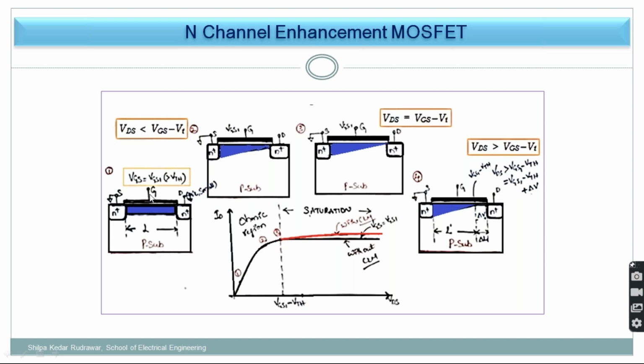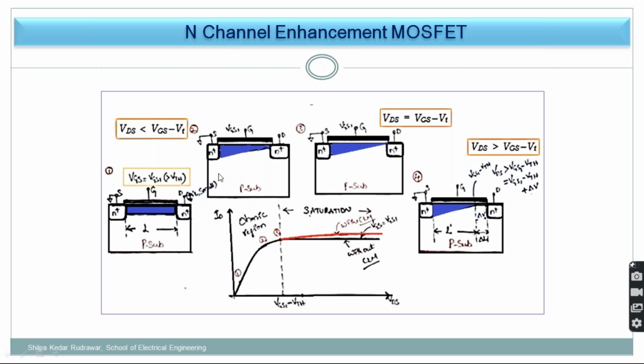Now, when I give VGS greater than VTH, the threshold voltage, an inversion layer forms, because electrons get attracted by the applied VGS and holes get repelled into the substrate. So the width is the same all over the channel. And just remember, I have not given any VDS.